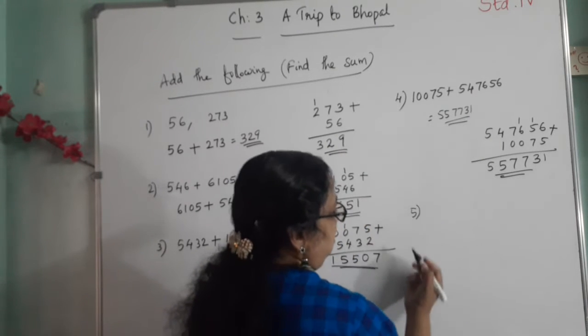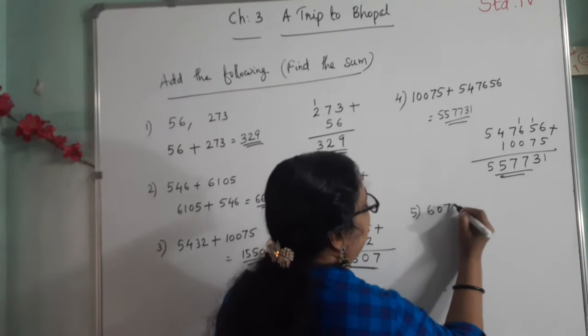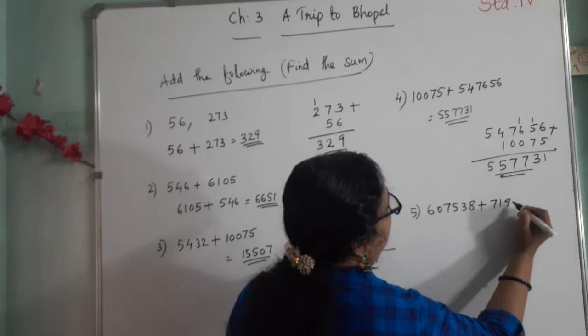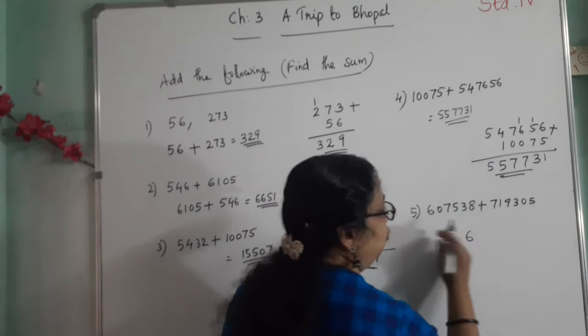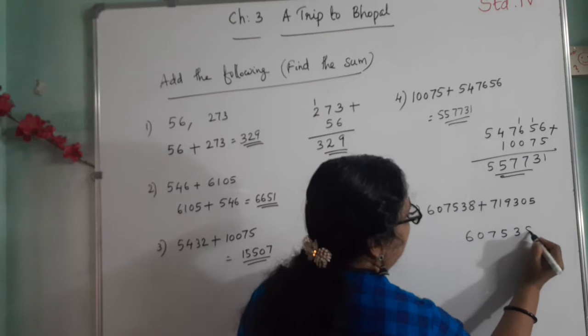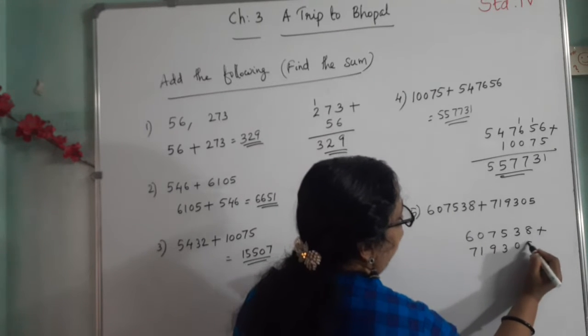Then one more question. Two 6-digit numbers, that is 607538 plus 719305. Both are 6 digits, so we can write 607538 plus 719305.